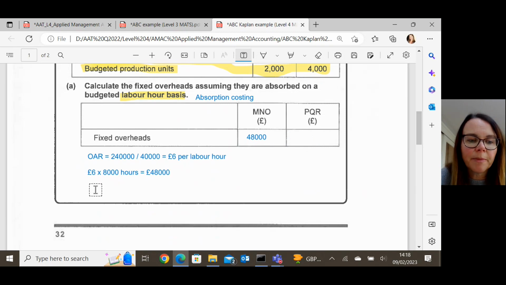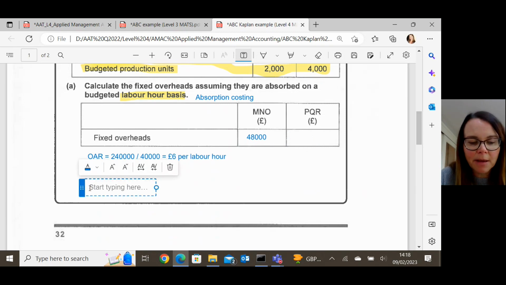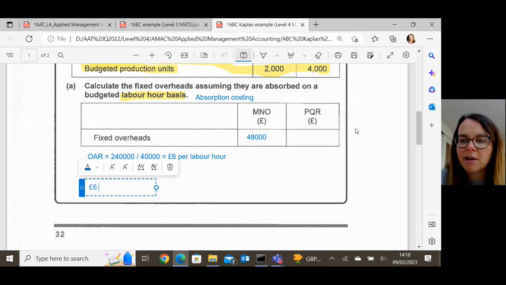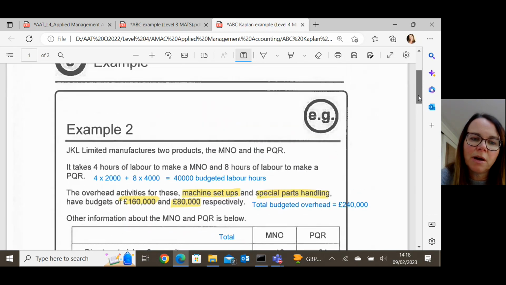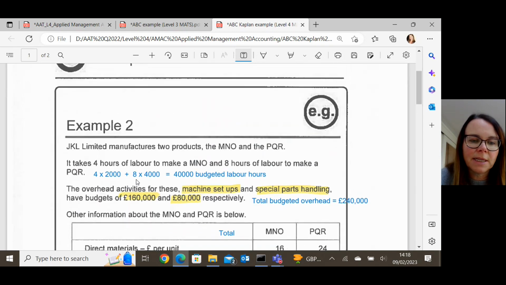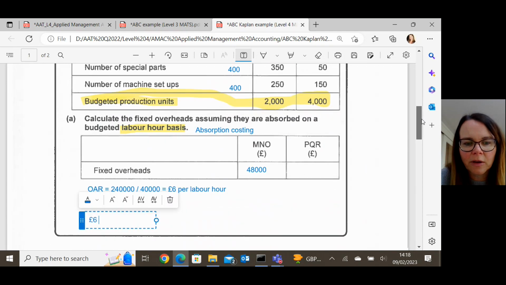For the PQR, it's going to be that same overhead absorption rate, £6, and then we need to know how many hours for the PQR. We did that here: 8 times 4,000 is 32,000.